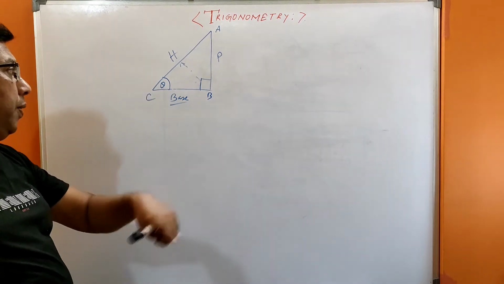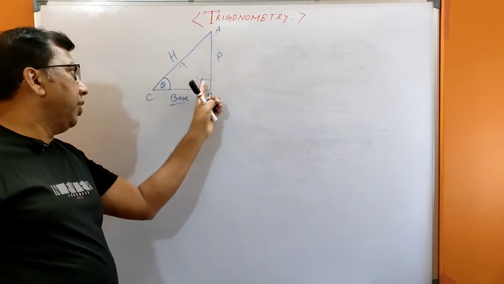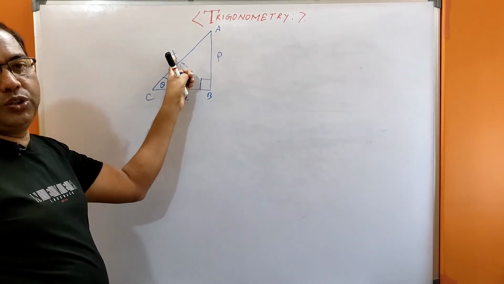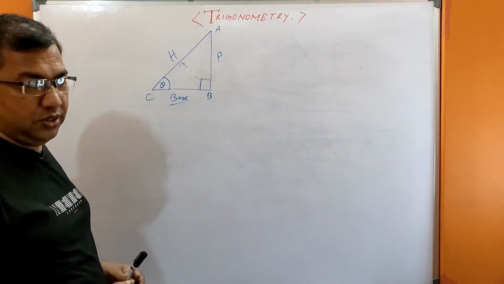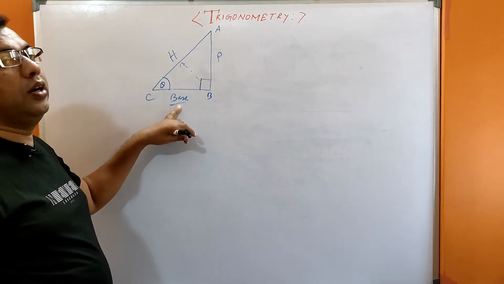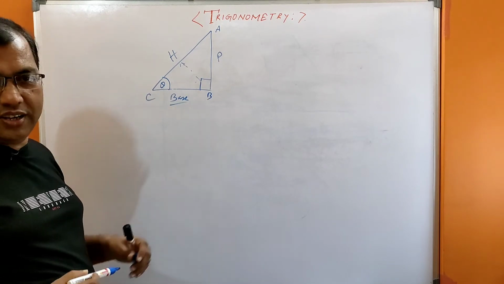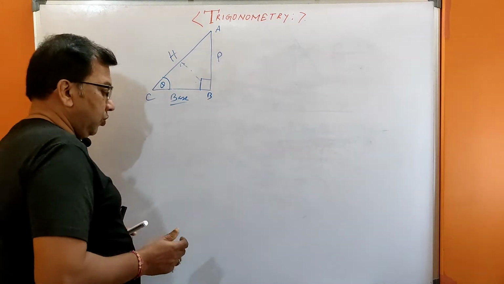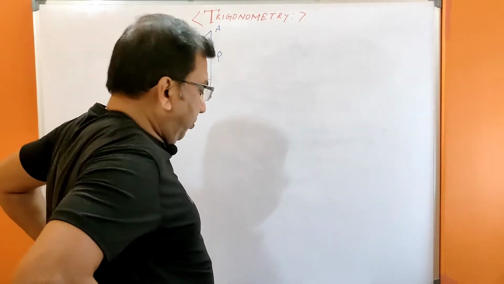But you must remember, just 90 degree right angle, and opposite to right angle will always be hypotenuse. Okay, in Bengali, कर्ण, लंब, भूमि, base, आधार. Clear? So now come, what is the relation? What is this?